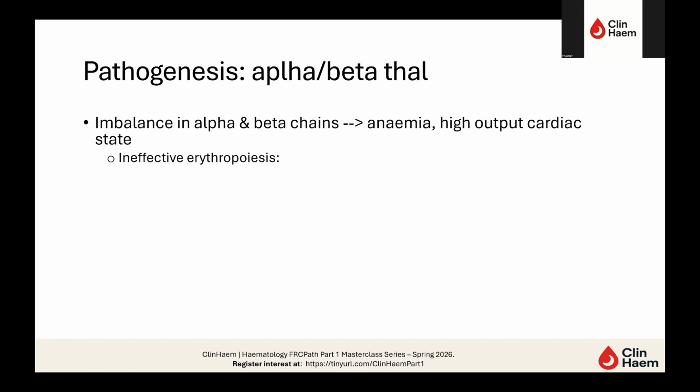In the stem cells, they can cause stem cell death, as in the progenitor cells, and this will lead to ineffective erythropoiesis. To compensate for that, the body will try to increase the erythropoietic drive. So not only will intramedullary hematopoiesis be increased, but the body will also recruit other organs like liver, spleen, etc., to do more hematopoiesis.